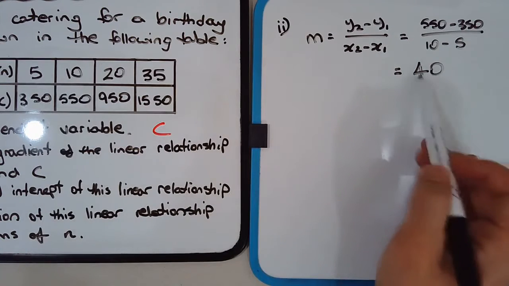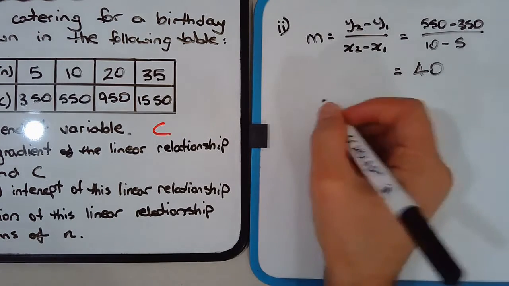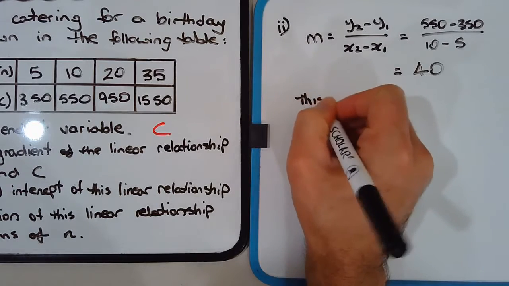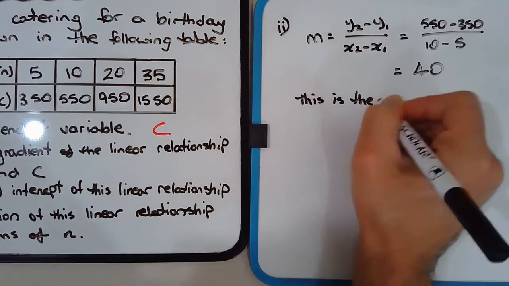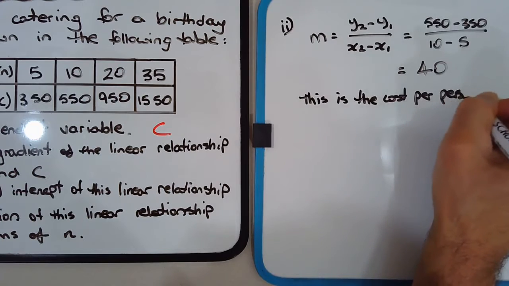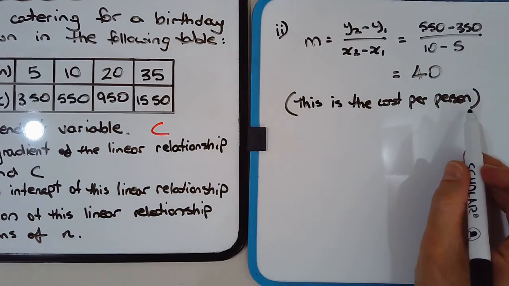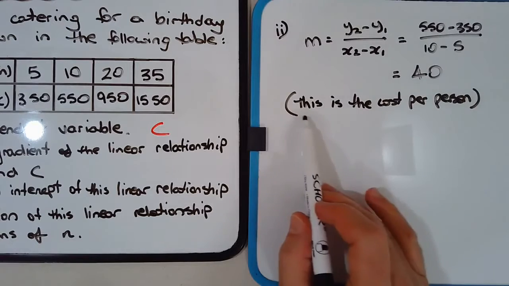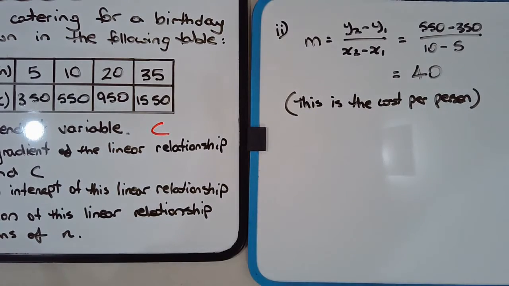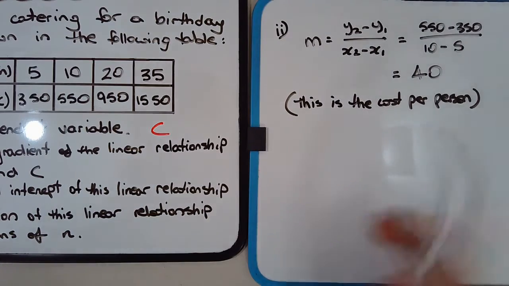So this is a rate of the cost per person. While this is not part of the solution because you're not asked what this represents, I think it's a nice side note. So what does this represent? Every person we add, it's going to cost $40. Add another person, another $40.